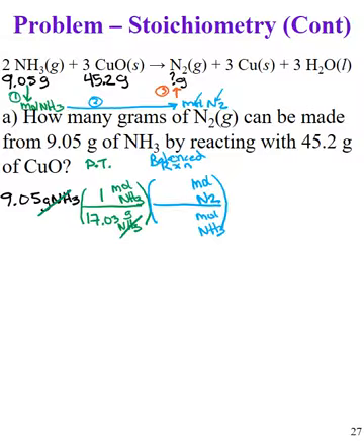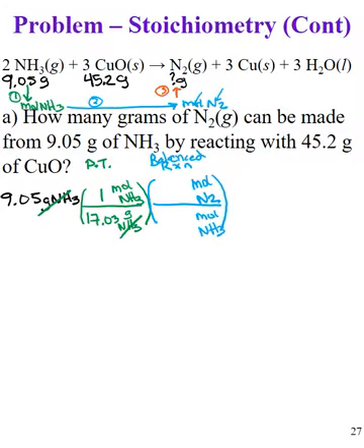If I go to the reaction, they don't tell me it's balanced, so I must go through and make sure it's balanced. It looks like it is because there's numbers out in front. Okay, so I have 2 nitrogens on the left, 2 nitrogens on the right, so that's good. 3 coppers on the left, 3 coppers on the right, so that's good.